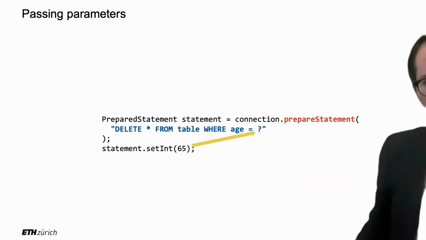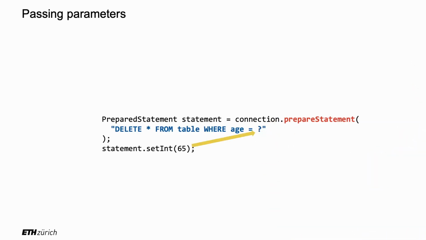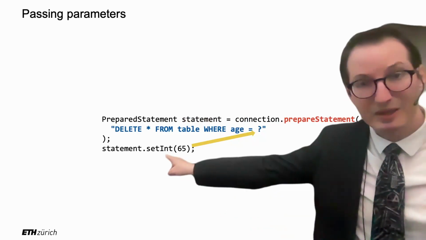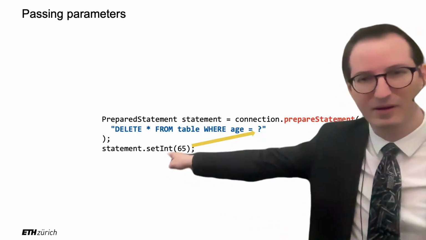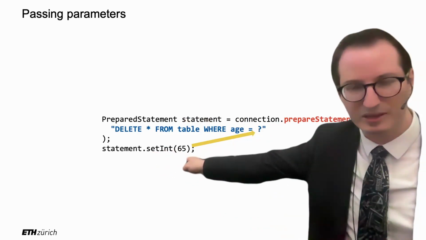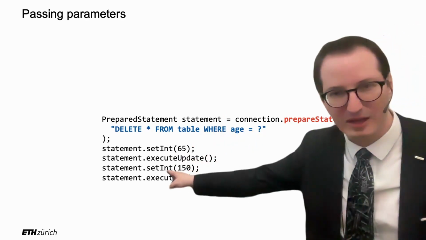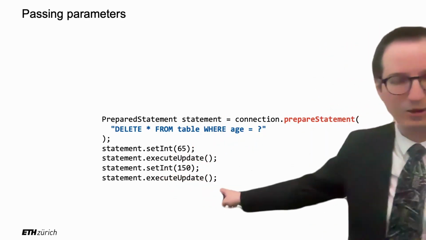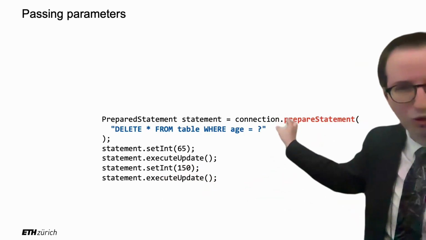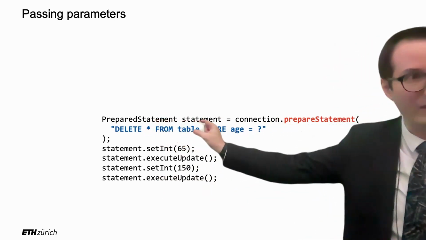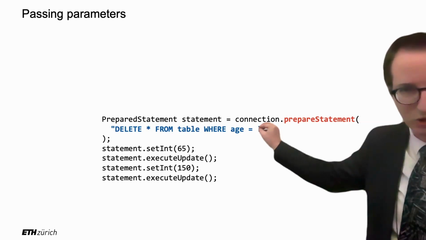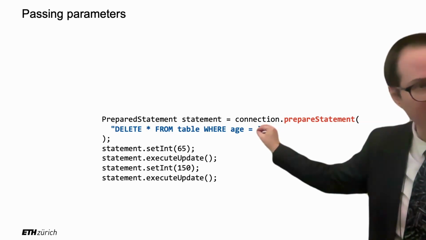So what you can do is put a question mark in there and then save it as a statement. Then you set this to 65, let's say, and then you execute the update. Then you set it to 150, and then you execute the update. So what that means is you reuse that query pattern multiple times, but every time you change the number you put in there. For whom is that clear?